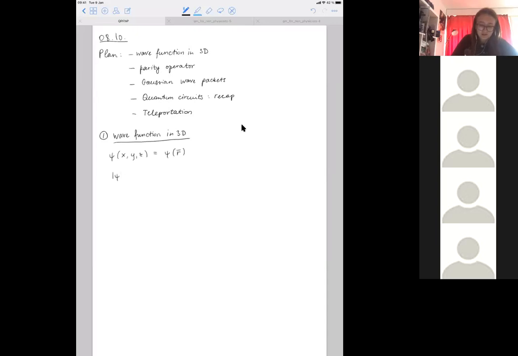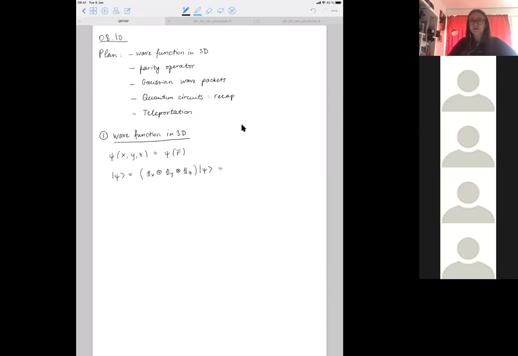And to see how this relates to the representation of the wave function with respect to x, y, and z directions, let us rewrite psi as identity acting on x, identity acting on y, and identity acting on z.